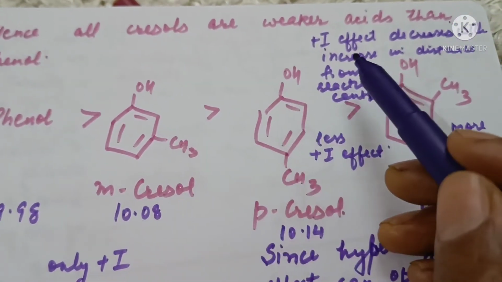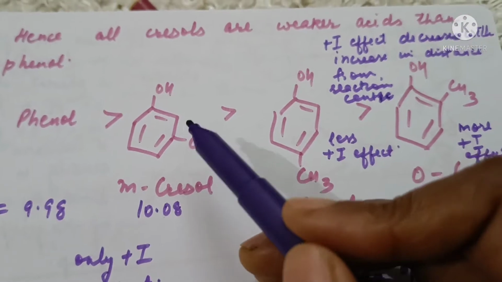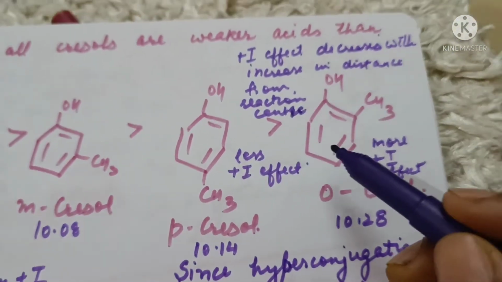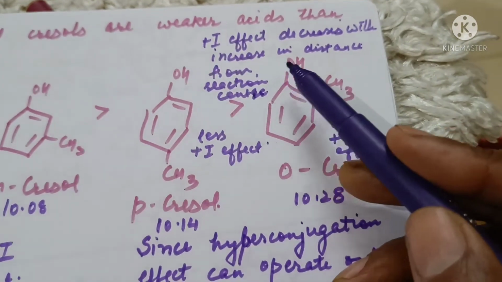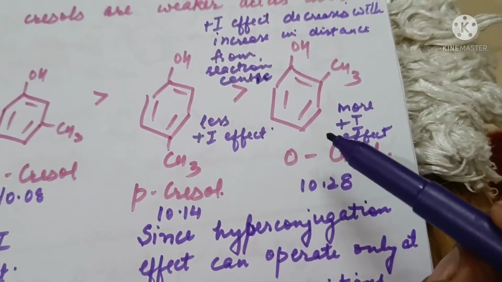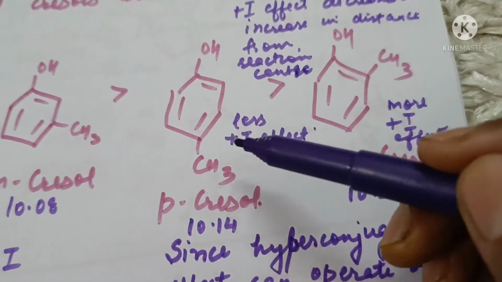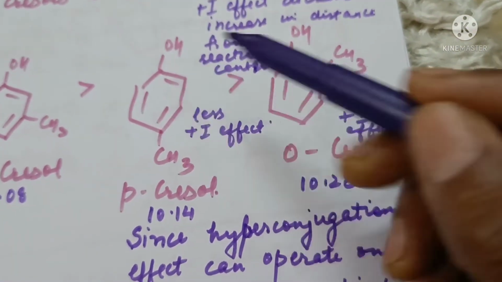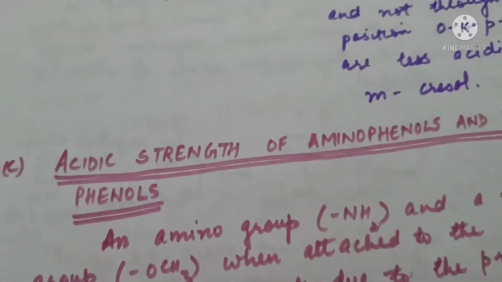It is showing only the plus I electron releasing effect. This electron releasing effect decreases with increase in distance from the reaction center. So the plus I effect will be less in para position than in ortho.